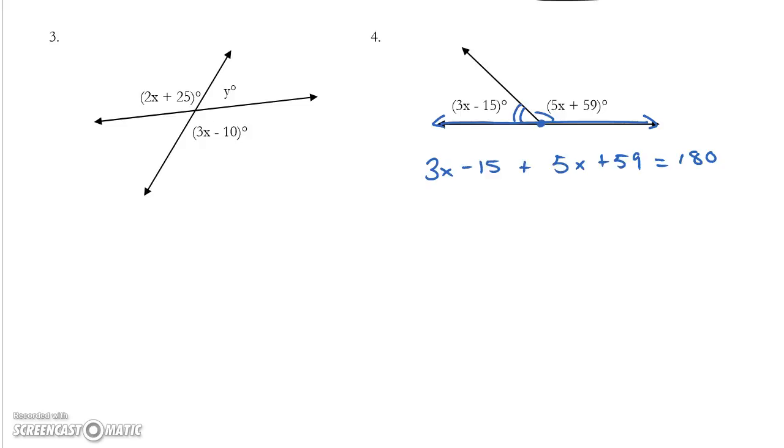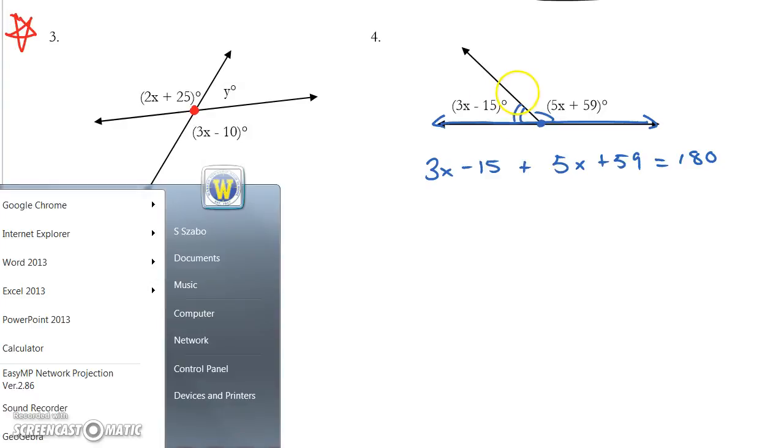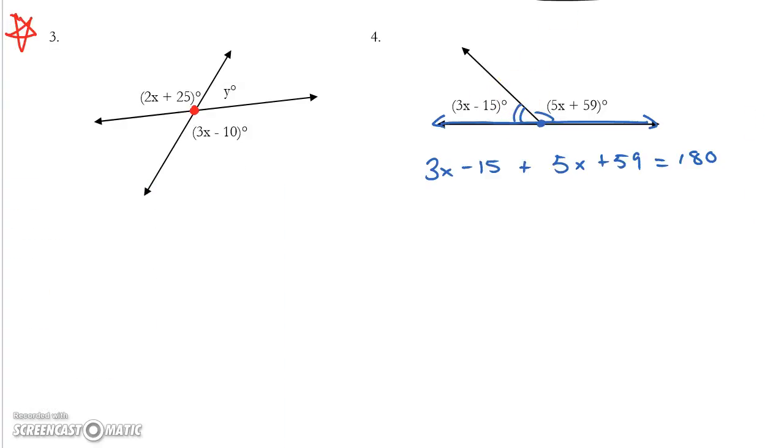Moving to number 3. I actually have 2 situations here. This is a much more likely series of problems or combination of concepts that we will see on tests and quizzes. Since I have intersecting lines, I have my vertex here.